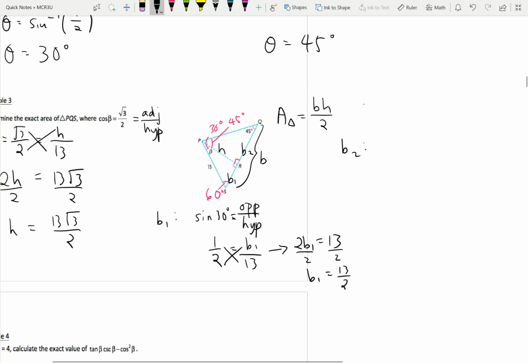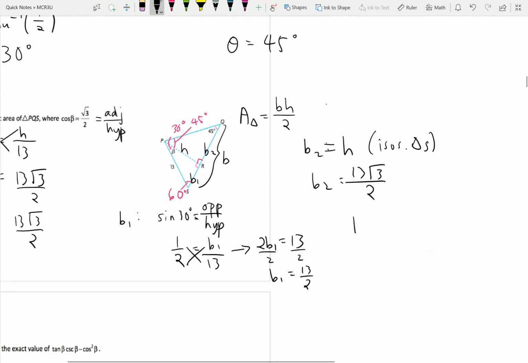And actually, we don't really need to do much work because, look, PQR is an isosceles, right? We have h already, which we already solved. Then that means h and B2 must equate with each other because of the isosceles triangle, right? So B2 is the same as 13 root 3 over 2.